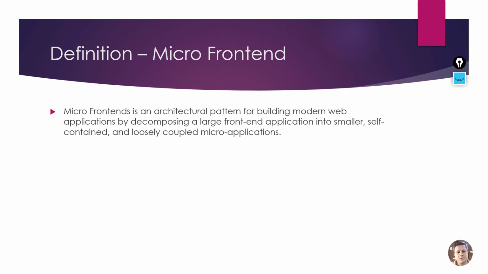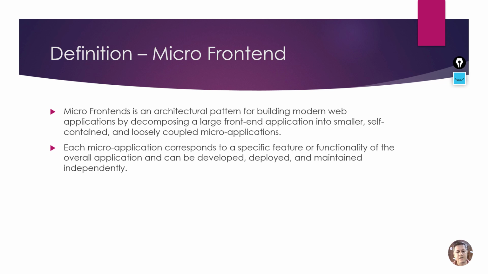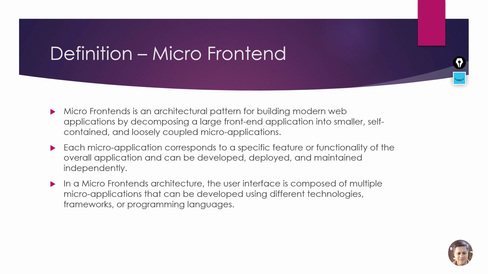But in this scenario, only one place is connected, like the container is connected to every other micro frontend. But I'm talking about all the others except the container. Each micro frontend application corresponds to a specific feature or functionality of the overall application and can be developed, deployed, and maintained independently. I explained all this earlier, right?